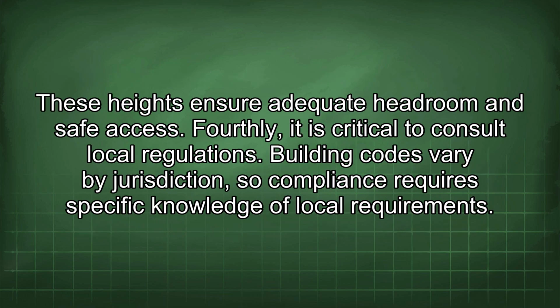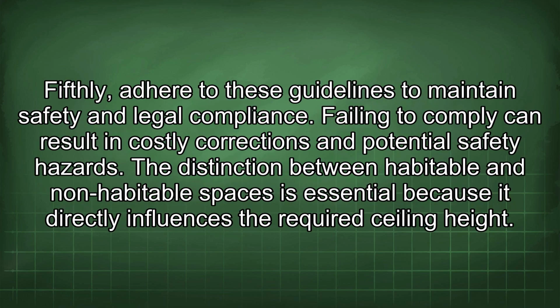These heights ensure adequate headroom and safe access. Fourthly, it is critical to consult local regulations. Building codes vary by jurisdiction, so compliance requires specific knowledge of local requirements. Fifthly, adhere to these guidelines to maintain safety and legal compliance. Failing to comply can result in costly corrections and potential safety hazards.